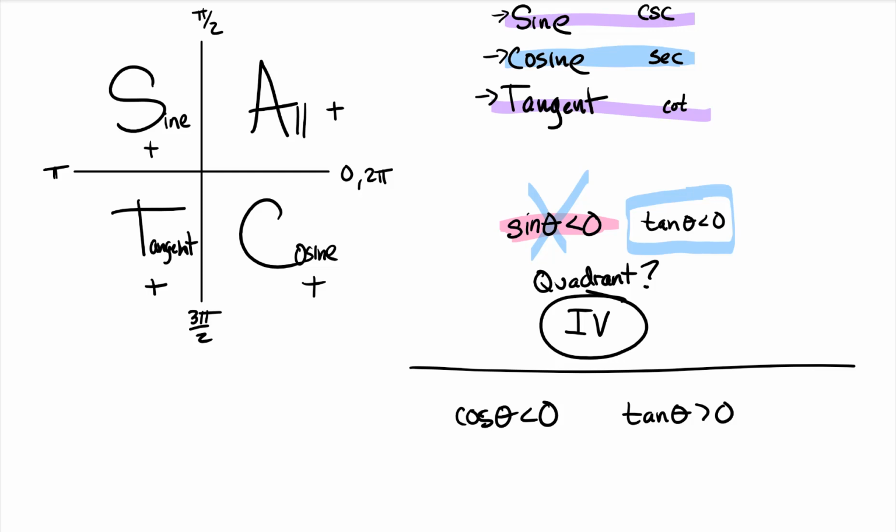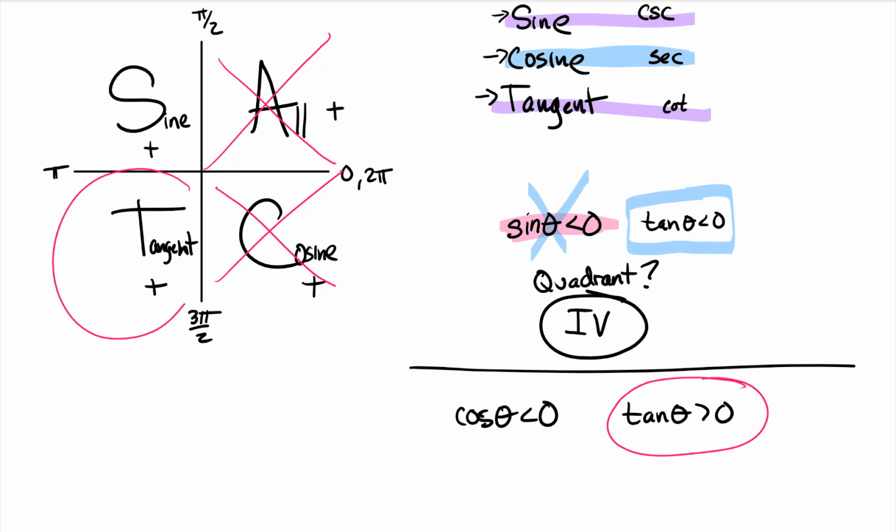If cosine is less than 0, well, then it can't be all of them are positive. And it sure can't be in the fourth quadrant where cosine is positive. Now we move, and there's only 2 left. It says tangent is positive. There it is. We must be in quadrant 3.